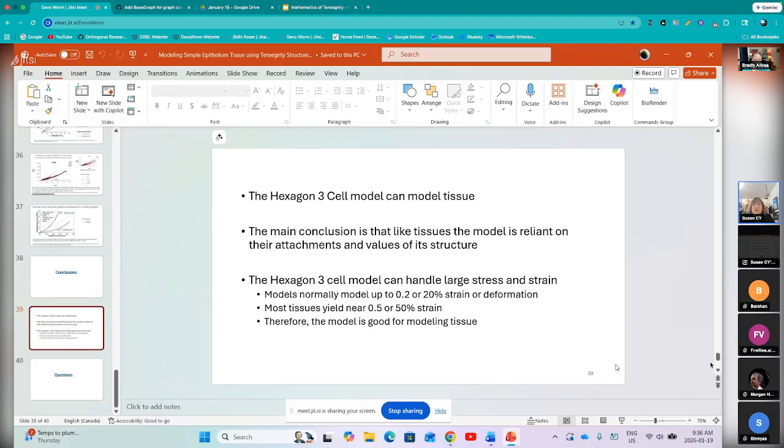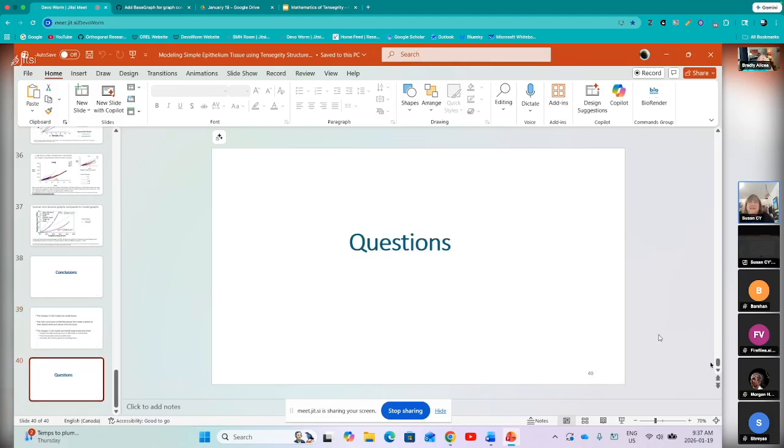And my model modeled beyond what other models were doing, like the Ogden models. The Ogden model can do up to 20%, and most tissues yield at about 50% strain, so they're not covering the full range of the tissue. And my model covered that. So they said it was a done deal, and I'd proven that I'd actually modeled something.